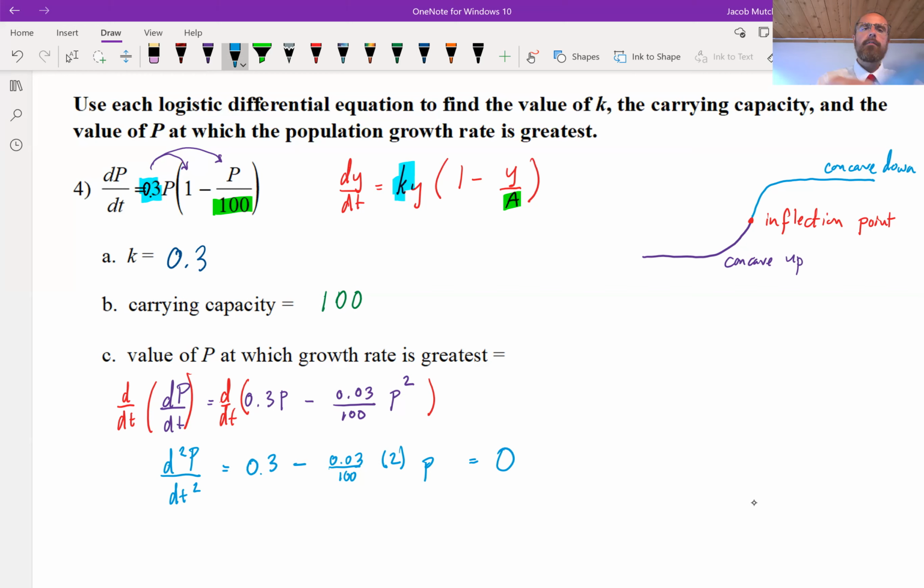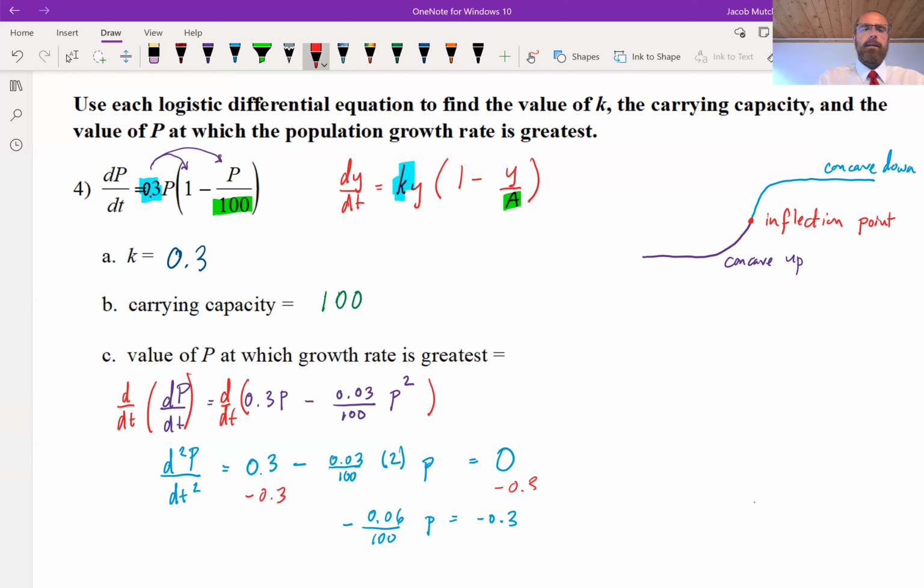So I'm going to start off here. Let's subtract 0.3 from both sides. And that gives us an opportunity to wrap up this coefficient on the variable. So I'm going to multiply 0.03 times 2, that's 0.06 over 100p equals negative 0.3.